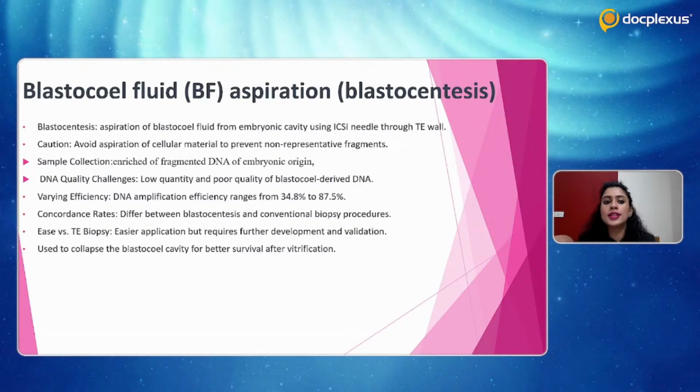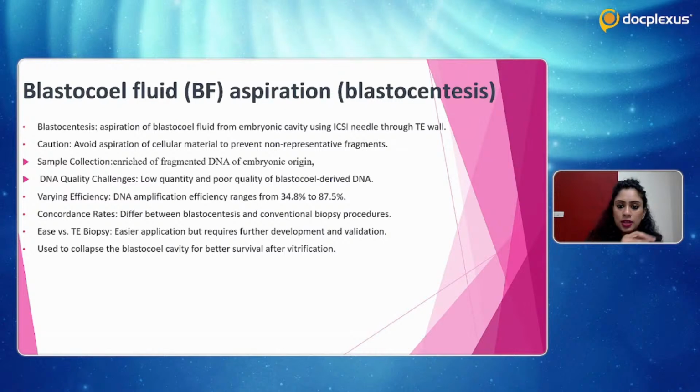You must avoid aspiration of cellular material to prevent non-representative fragments. Now, this sample which is collected is enriched with fragmented DNA of embryonic origin. Now, there can be DNA quality challenges because there could be low quantity as well as poor quality of the blastocele-derived DNA, which is there in the blastocyst fluid.